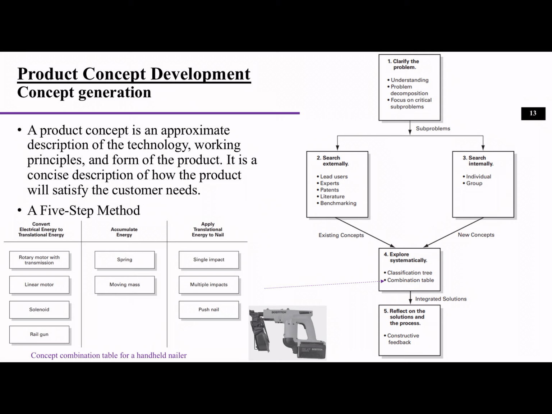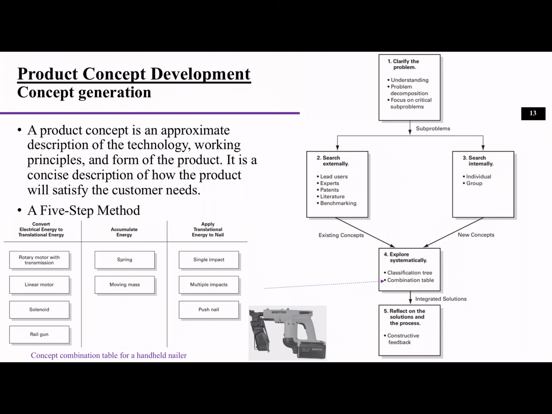This is for a handheld nailer, or hand gun for nails. So you can see there are different solutions for each of the requirements. We need to first convert electrical energy to translational energy. Then there are different solutions: either you can use a linear motor, solenoid, railgun, or rotary motor with transmission.